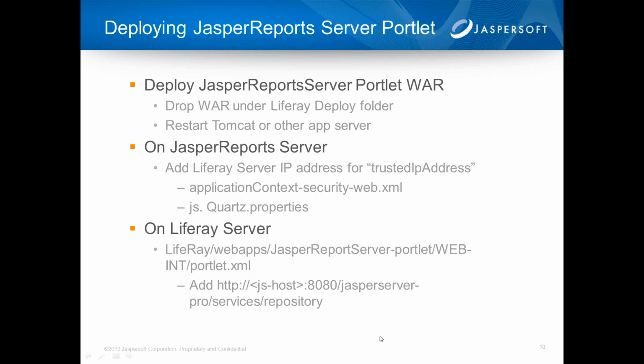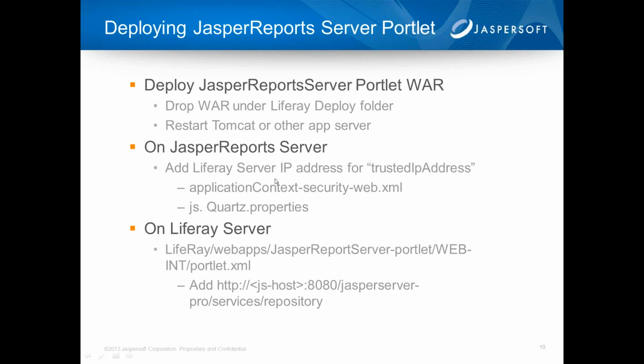There are another couple of things you need to do. You need to make sure the Jasper report server knows where the Liferay server is. So you will add the Liferay server IP address in the configuration file, application context security web.xml, as a trusted IP address for your Liferay server.